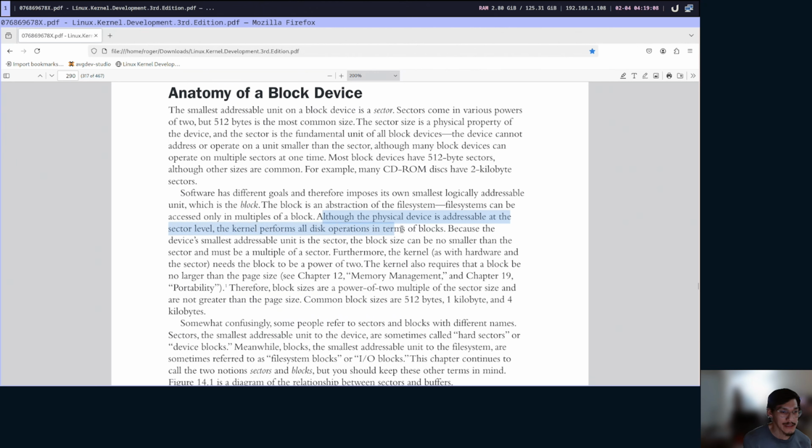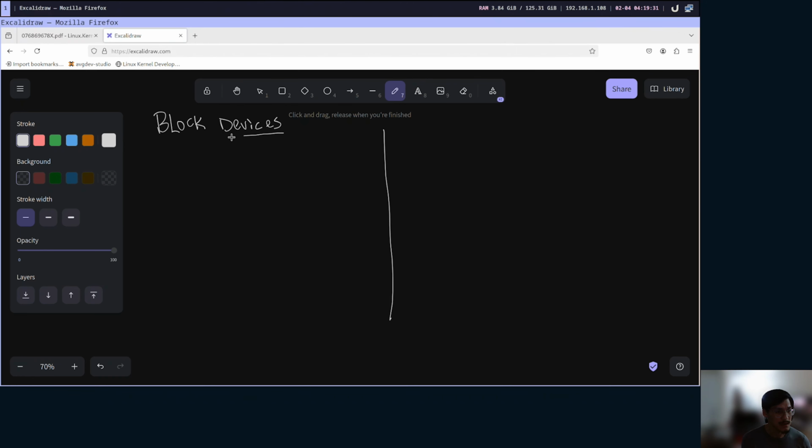Okay, so let's do this. Excalidraw. So we have block devices. So hardware communications, where the block device operates on sectors.